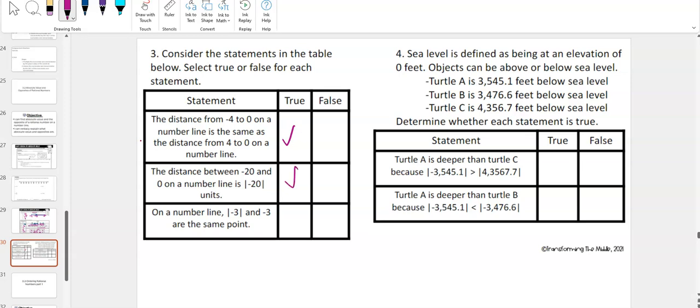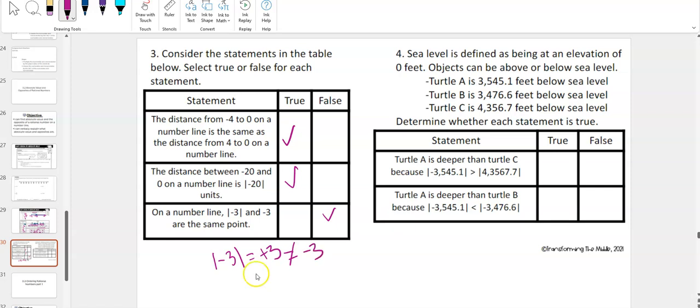True. The absolute value is the distance between that number and 0, so those are the same thing. On a number line, the absolute value of -3 and -3 are the same point. False. The absolute value of -3 is +3, so therefore it is not the same thing as -3.